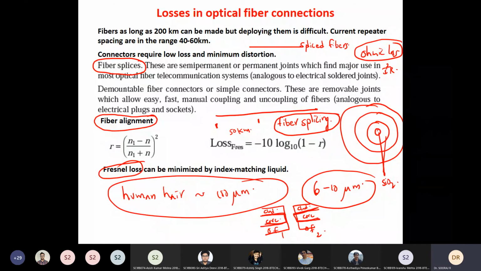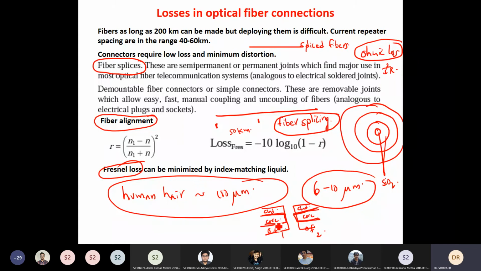But in practice, when you make optical fibers or join two optical fibers, there is a very good chance that the refractive index of the core of the first optical fiber is slightly different from the core refractive index of the second optical fiber. That means there is a refractive index mismatch between these two optical fibers.